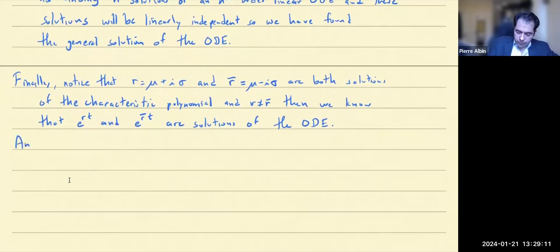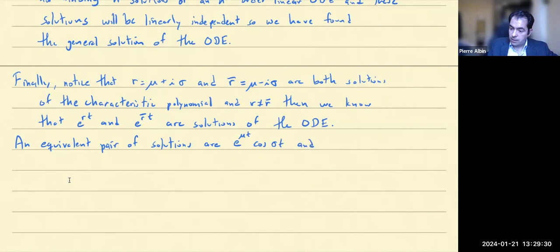An equivalent pair of solutions are e to the mu t times cosine sigma t and e to the mu t times sine sigma t, right?